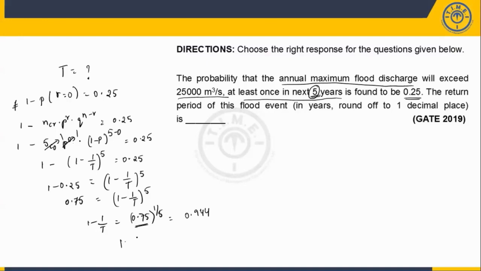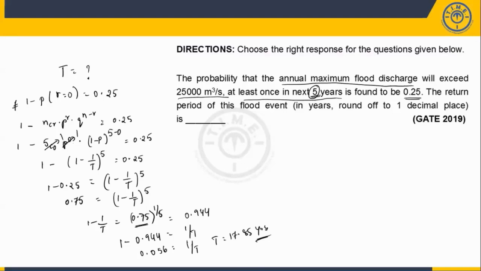Okay. Now 1 minus 0.944 is equal to 1 by T. So 0.056 is equal to 1 by T. T equals how much? 17.85.